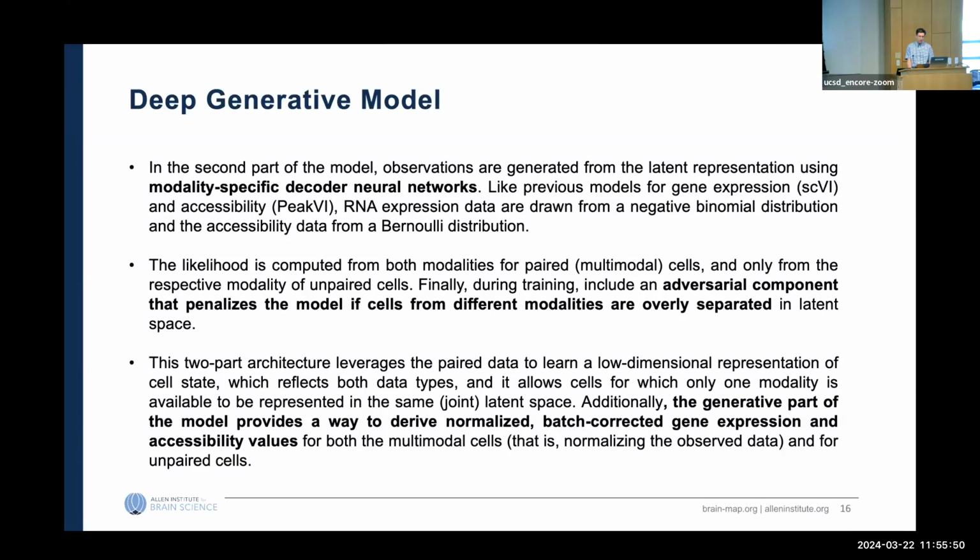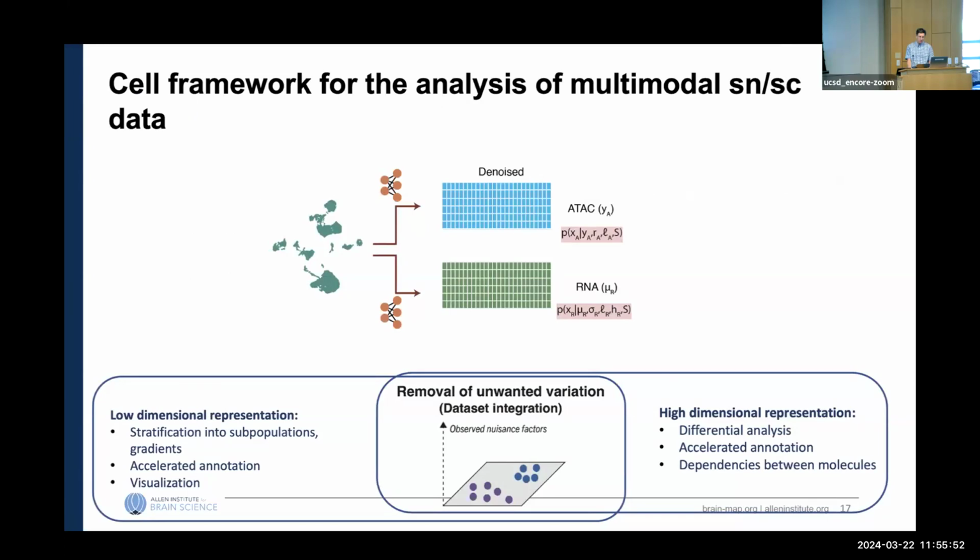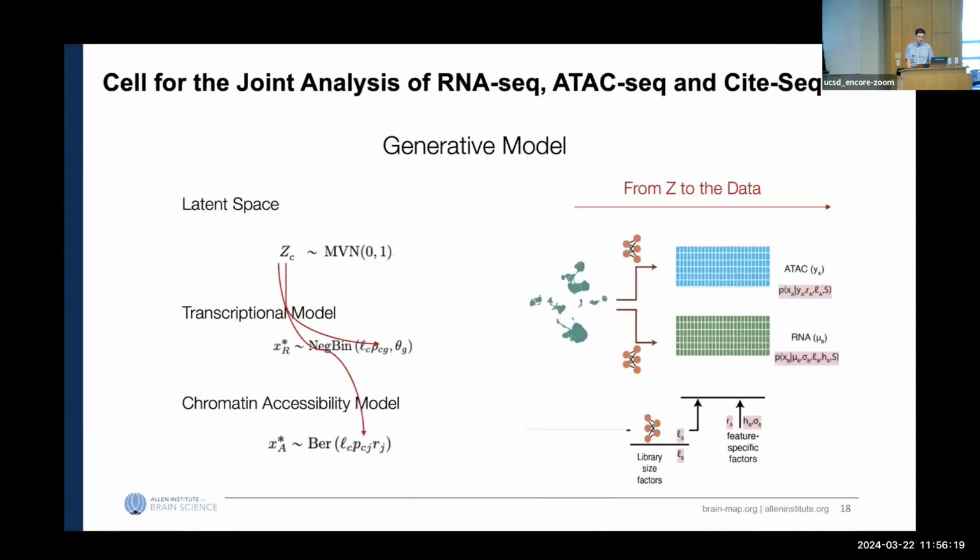They were probably motivated by the same kind of things. This just shows it as a framework. In a low dimensional sense, you want this stratification into subpopulations. You want visualization, et cetera. We want to remove some of the unwanted variation. And then in this high dimensional representation, we're interested in the details and specifics.